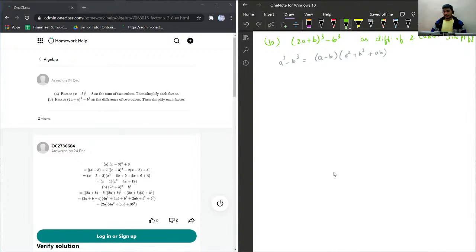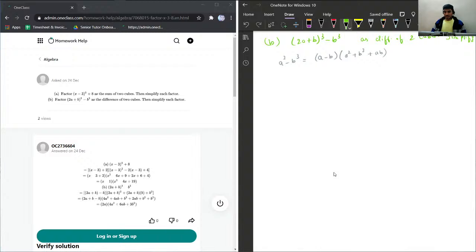For the first part of this b part, we can see that if we take 2a + b as a and b as b only, we do not have to do anything. We can clearly say that this is already given as the difference of two cubes. So this is a³ − b³, where 2a + b we have taken as a.